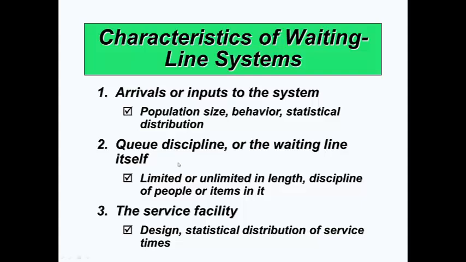And in most cases, in waiting lines, the arrival statistical distribution used is Poisson distribution. I don't have the time to go back and revisit all of the details of Poisson distribution, but Poisson distribution provides a reasonably good estimate of customer arrivals per time unit or per hour.